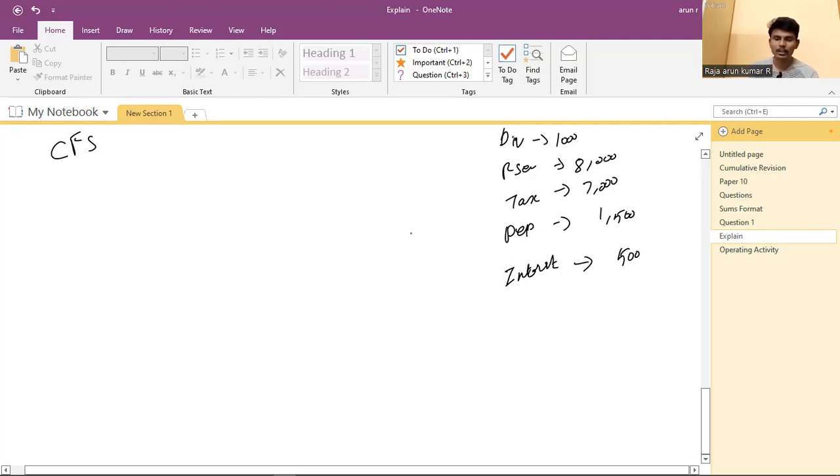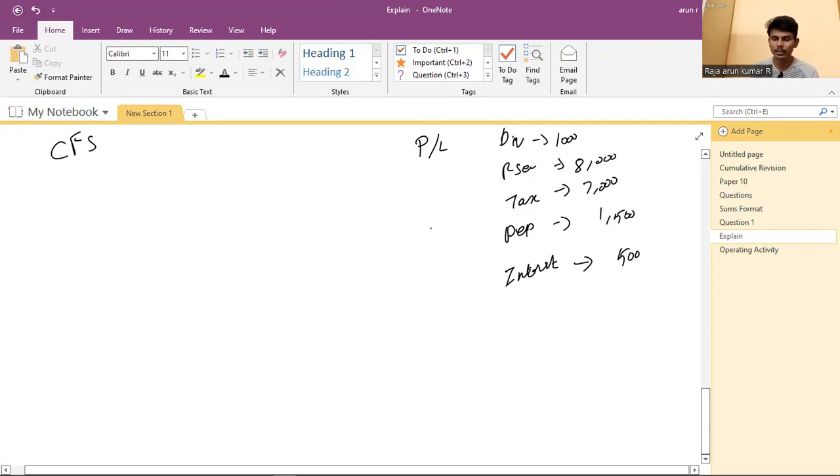In the P&L account, you assume before that cash flow statement. In the P&L account, what we do, we less the depreciation, we less the interest, because income minus expenses comes to the profit.